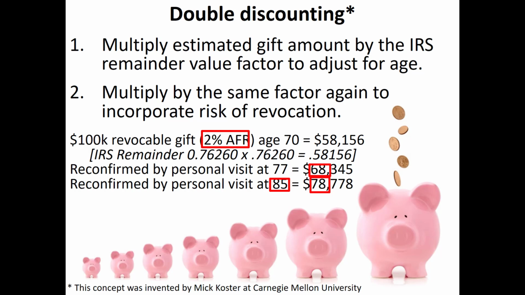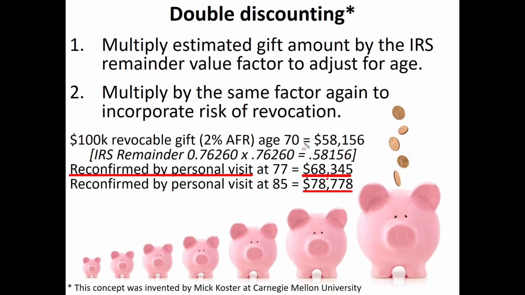So it helps in the valuation of the initial gift, but I would suggest that what's even more valuable is if you can then give credit for maintaining those relationships. In other words, as that person ages, you get credit for maintaining the relationship, for reconfirming by a personal visit that the gift is still there, because the gift has become more valuable.